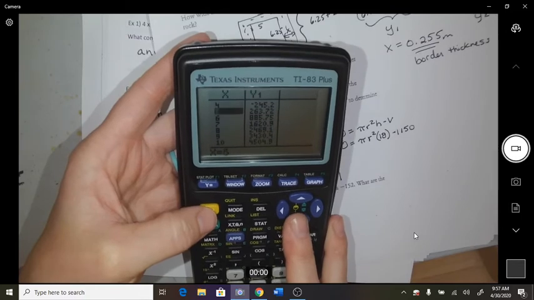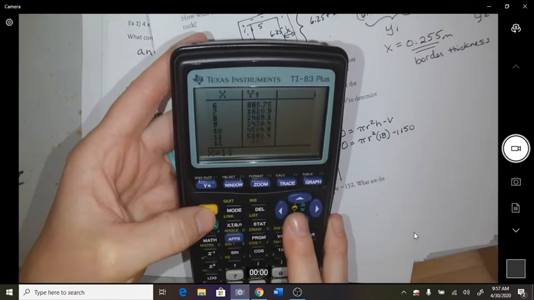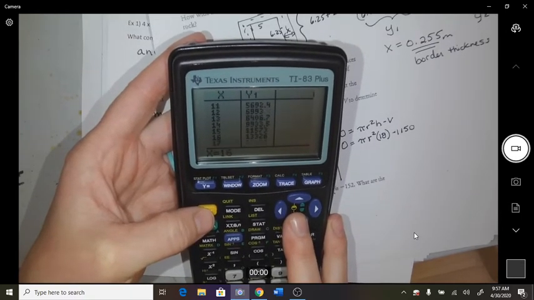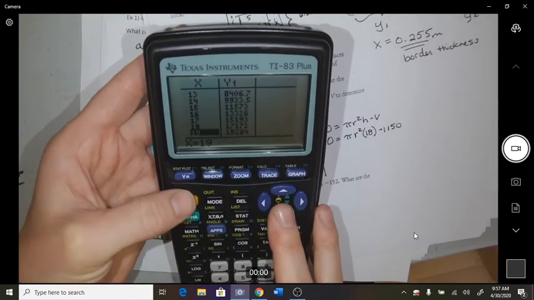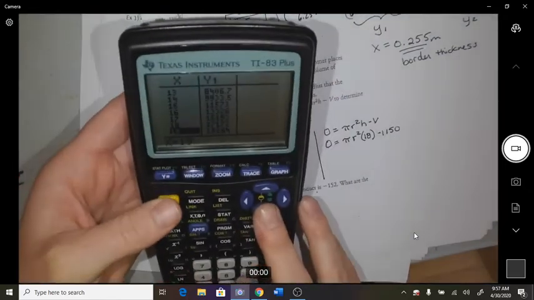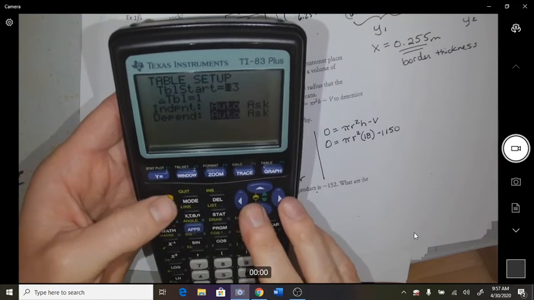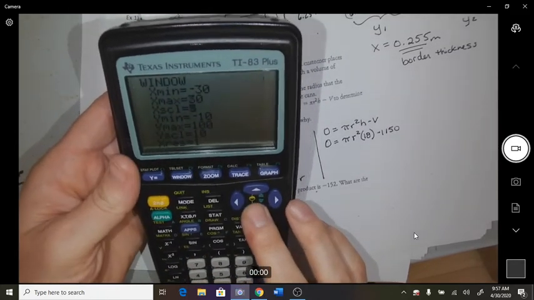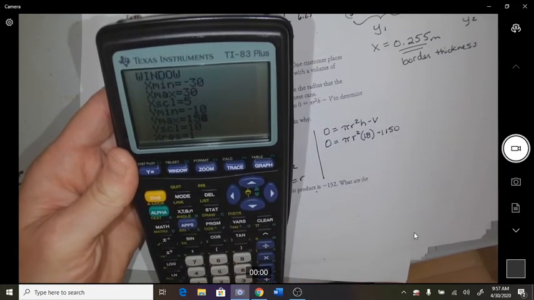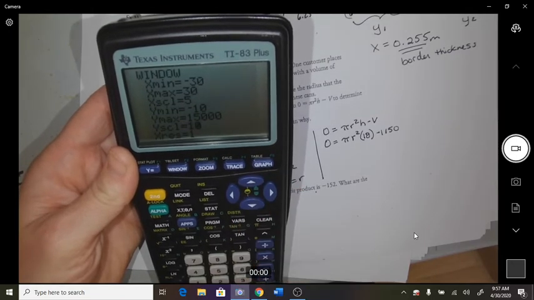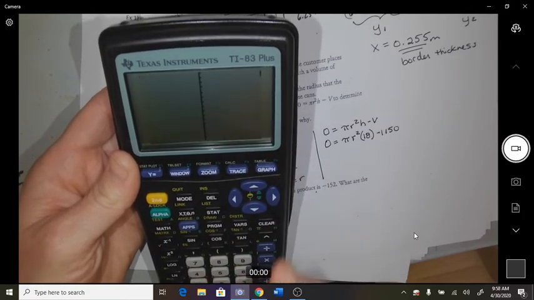What's our table at? Oh, we're getting high here. Let's try 15,000. See what happens.